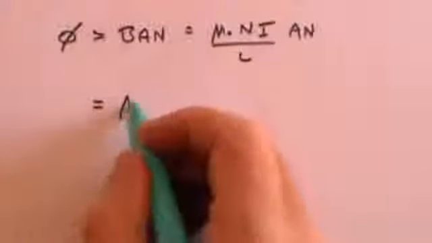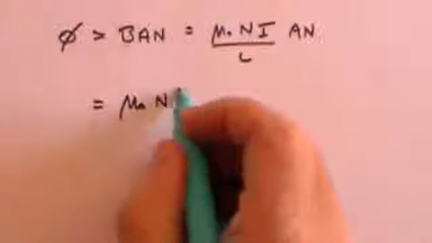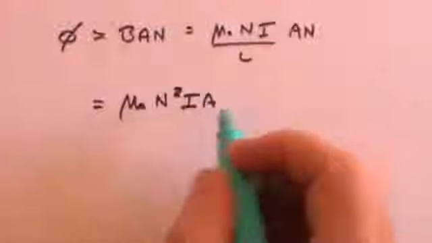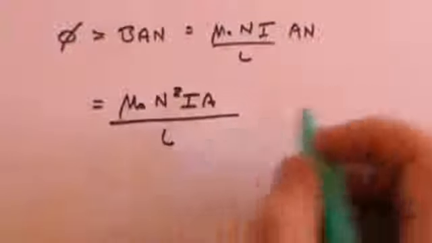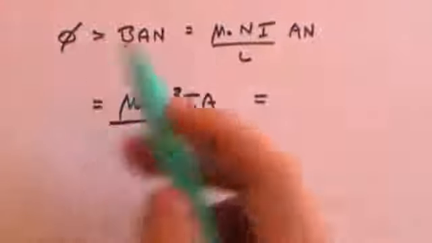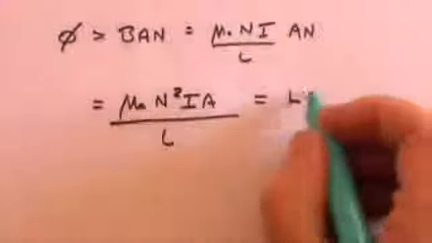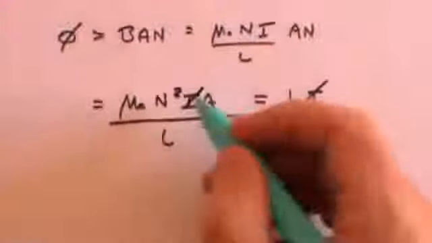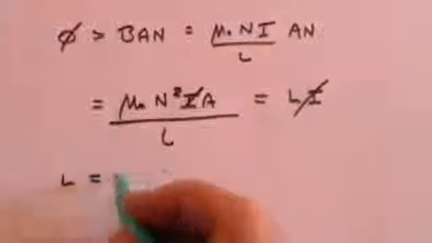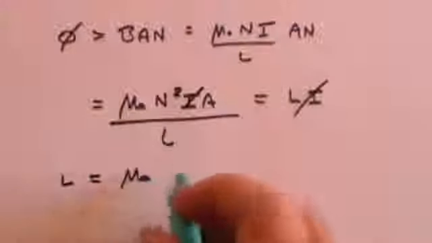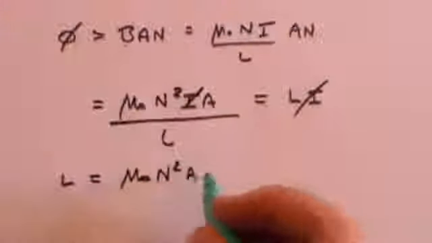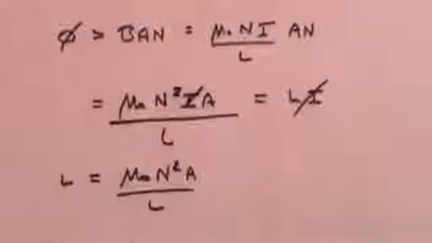So since you've got an N times N term, that becomes mu naught N squared I A divided by L. But we also know that phi is equal to L i. The i's cancel, and now you've got that the inductance is equal to mu naught N squared A over L.